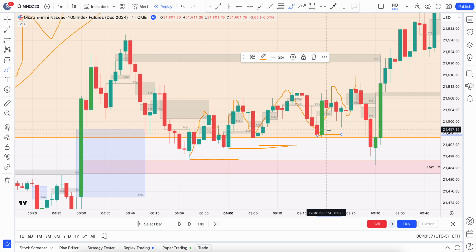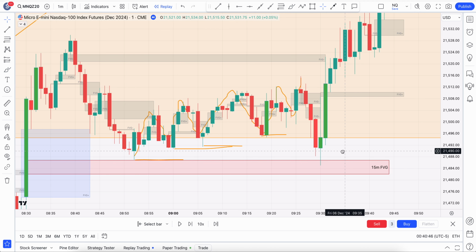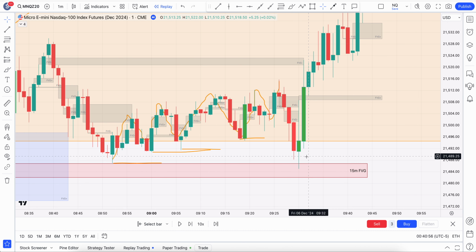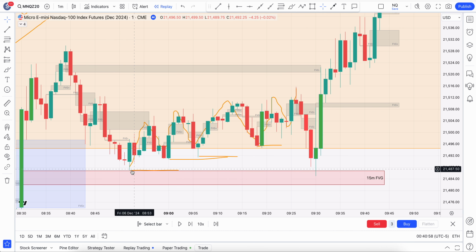You can see it is building all this liquidity, which makes sense for the price to take out and then trade into this fair value gap. Once it trades into this fair value gap, well, it's fine. But if there is a proper reaction, the reaction that we were looking for here, if we see that kind of reaction, of course, we'll be interested. So what happens next?